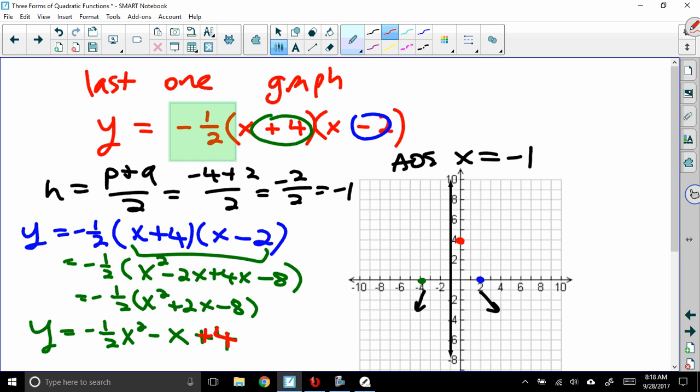You see what I got going on here? I can use symmetry. Because if I compare this point and this point, it looks like I went over 2 and up to 4. So by symmetry, I'm going to have this point here, right? Now, is anyone clever enough to realize relative to that, since that's 1 unit away from the x-coordinate of the vertex, where the vertex is going to be?